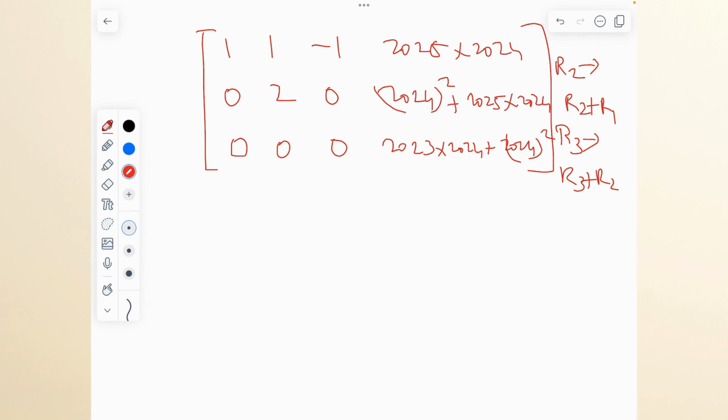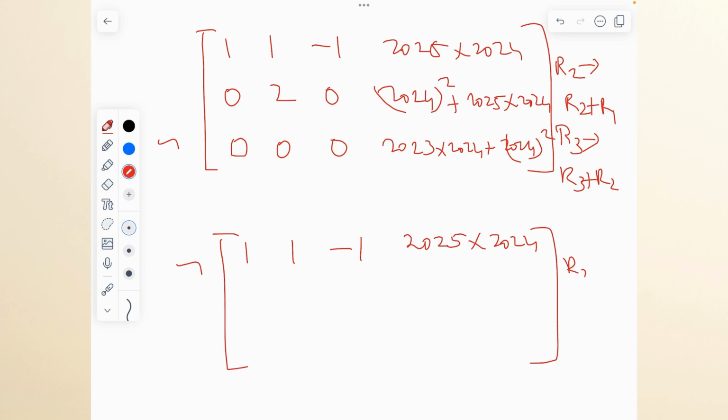Now you can still reduce the second row by 2, since the second element should be 1. Below it is already 0, so we only divide the second row by 2. So we get 1, 1, minus 1, 2025 into 2024.